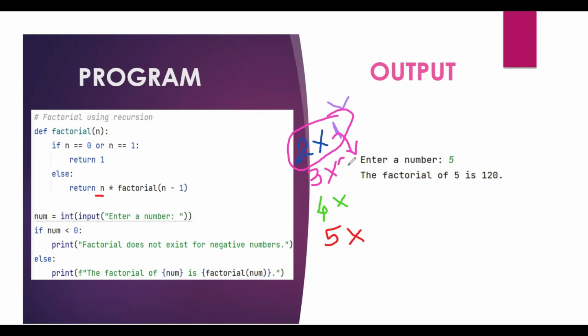Now it is 3 into 2. In the next execution, that complete answer is returned below: 3 into 2 is 6. That 6 is returned here.